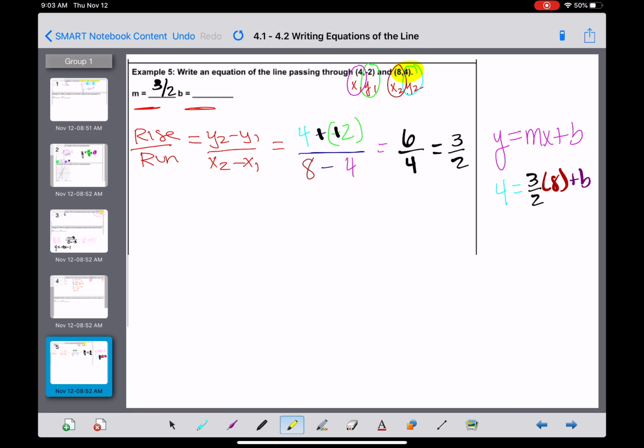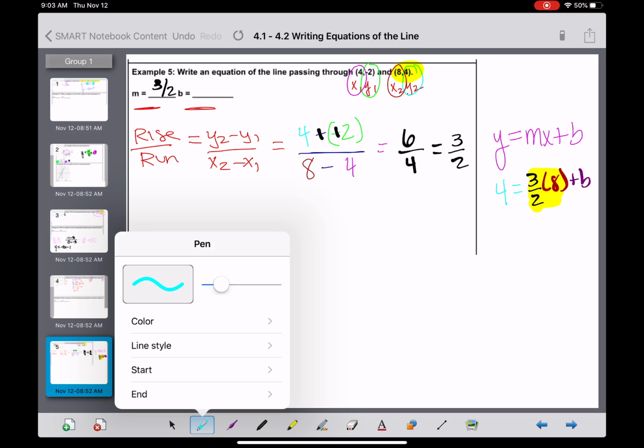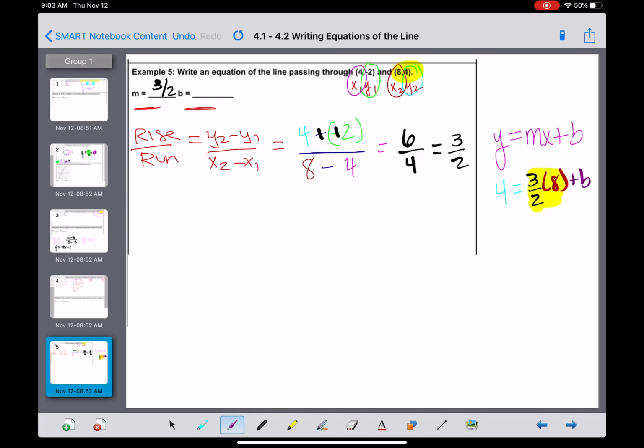So I start off by multiplying. 3/2 times 8 is 12. Then I subtract 12 from both sides to get a b value of negative 8. Now that I have all information, I can write my final line, y equals 3/2 x minus 8.